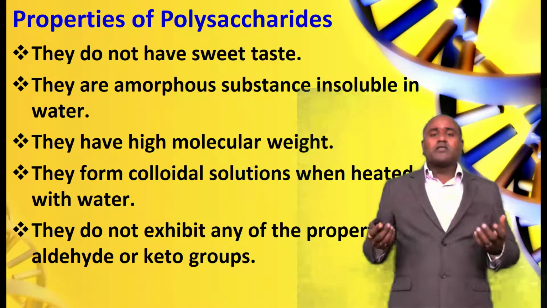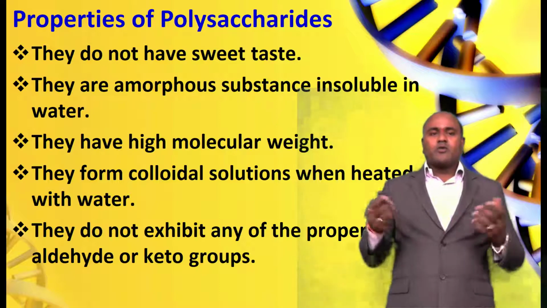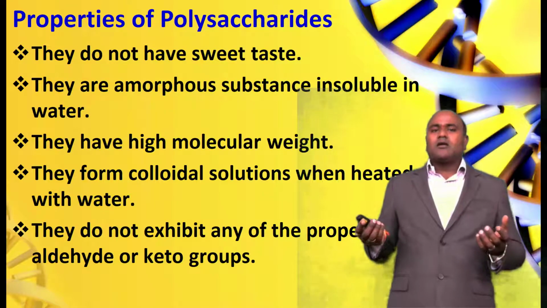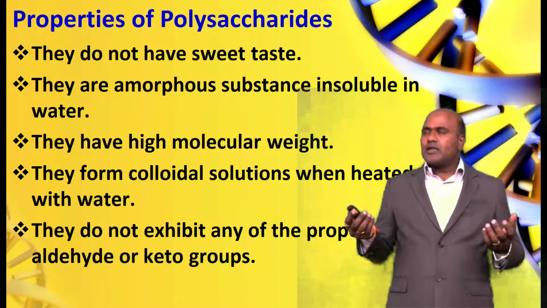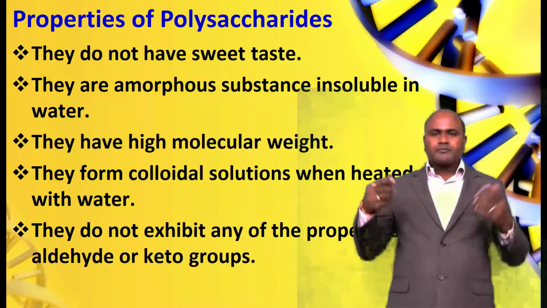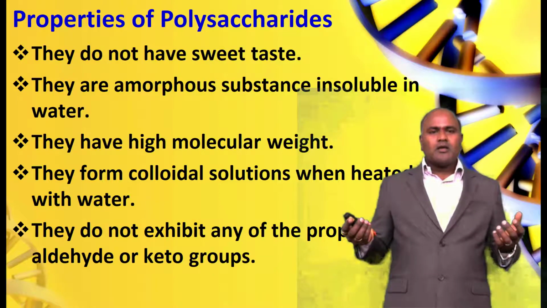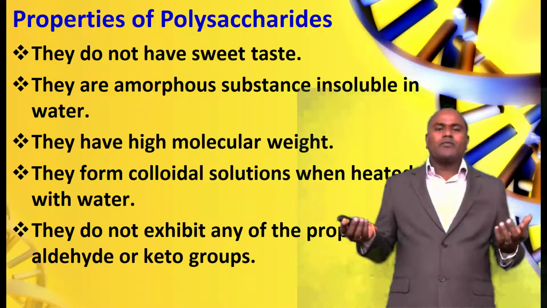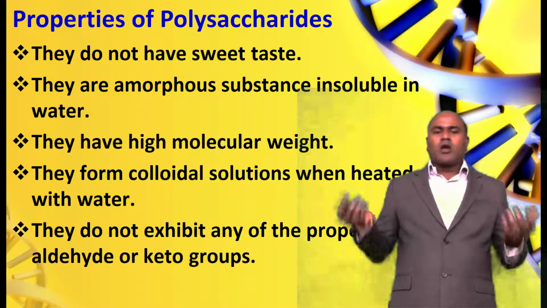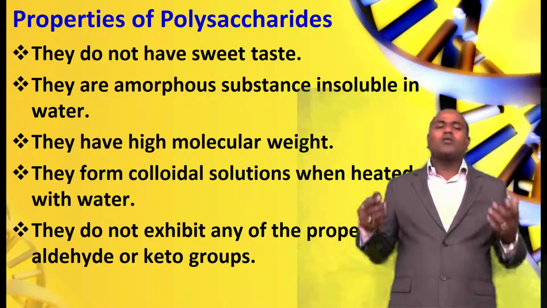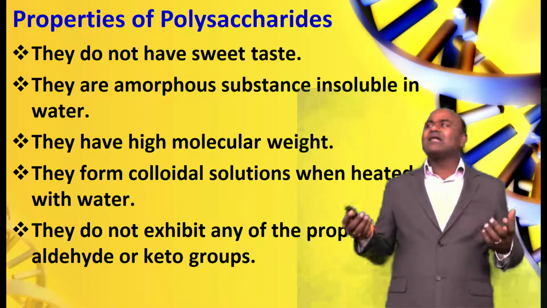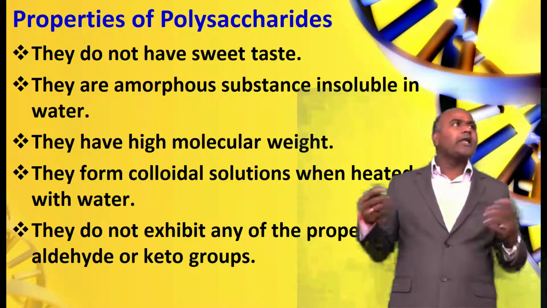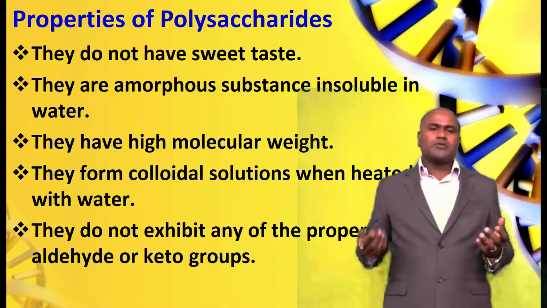As for properties, polysaccharides don't have a sweet taste, are insoluble in water, have a very high molecular weight, and form a colloidal solution when heated with water. They don't show the properties of aldehyde or ketone groups.